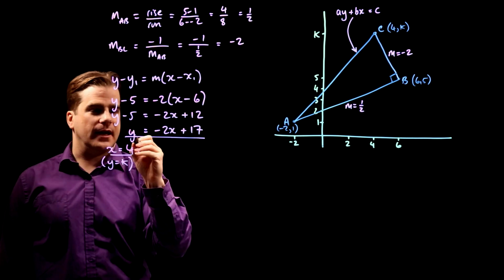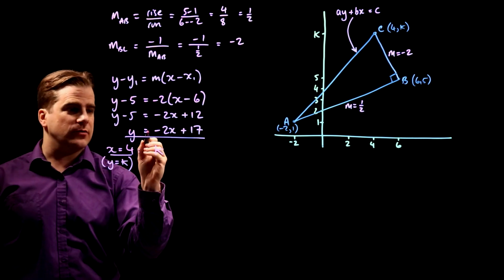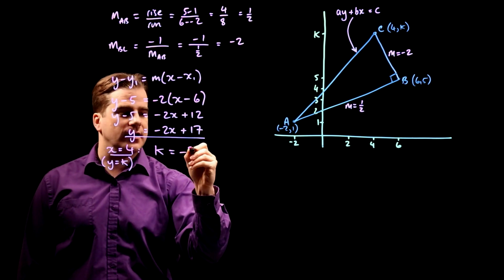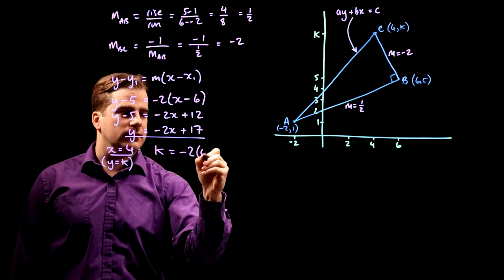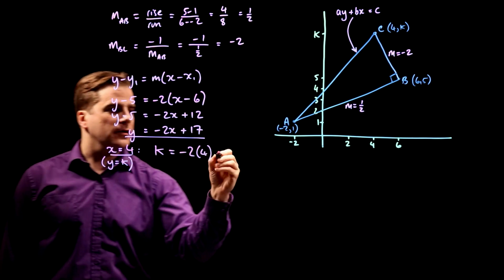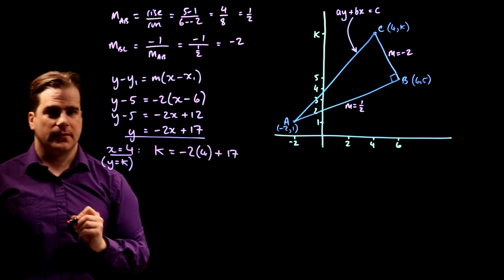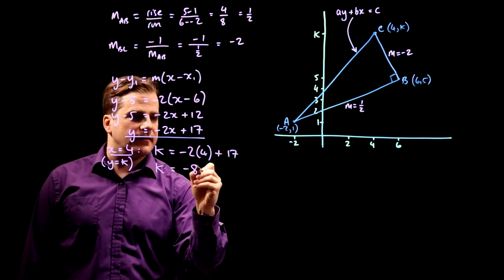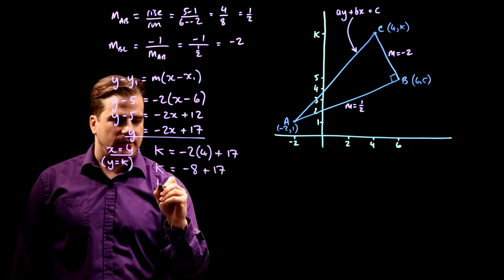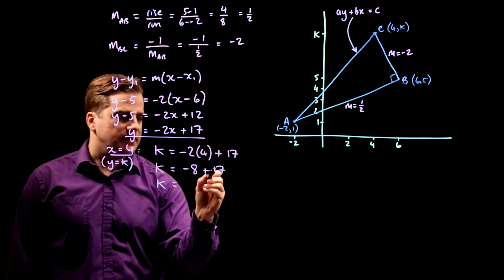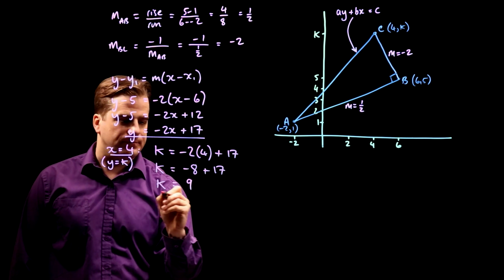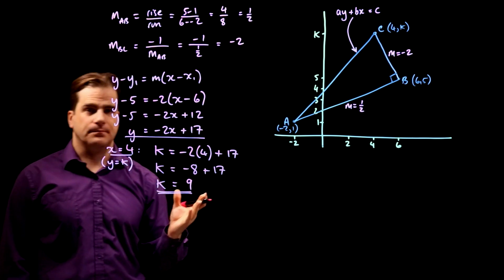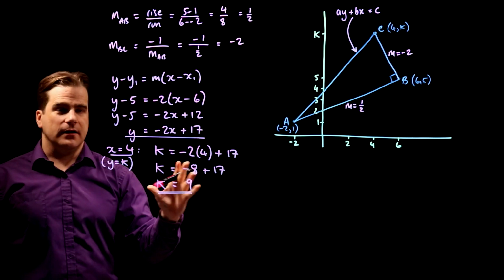So we get y, or k, because y is k, equals -2 times 4, x is 4, plus 17. Okay, so therefore k is -8 plus 17, so k is 17 minus 8 is 9. Excellent, we've got k. It's 9. So that's the hard bit done.